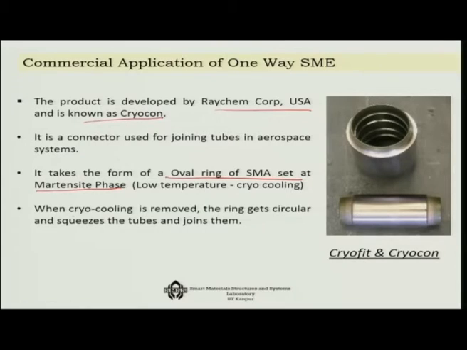Now when cryocooling is removed, that means from low temperature when you are coming back to high temperature, the ring gets circular and squeezes the tubes and joins the two tubes. So it starts from an oval shape, you fit it, and then you remove the cryocooling and it fits the two connectors. So that is cryofit and cryocon system. So this is one of the effects of one-way shape memory effect.